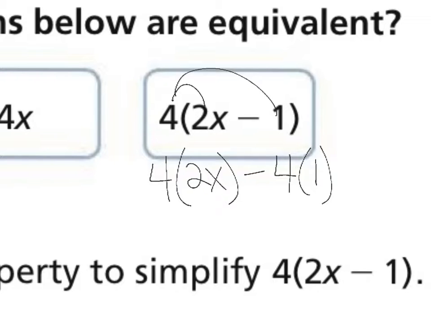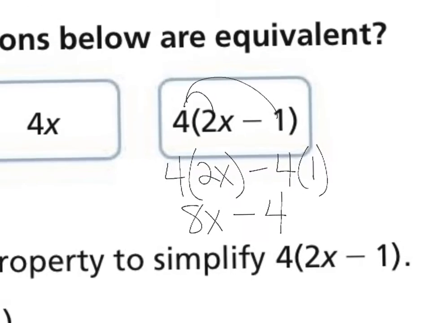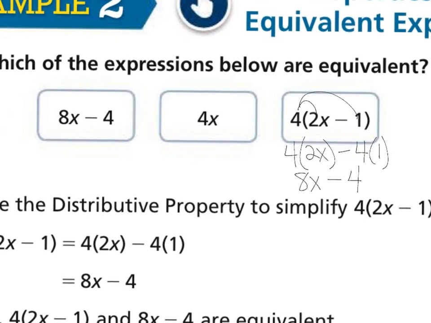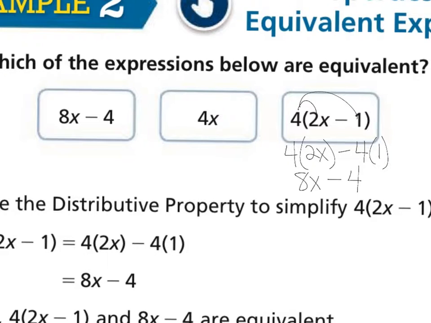So if we do that, 4 times 2x, just like 4 times 2 is 8, 4 times 2x would be 8x. And then we'd have minus 4 times 1, which is 4. So we would get 8x minus 4. We don't know what x is, so we can't do anything else with that. And you might notice that matches exactly with that first expression.